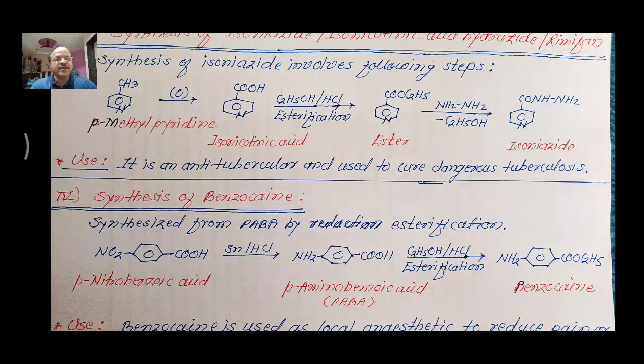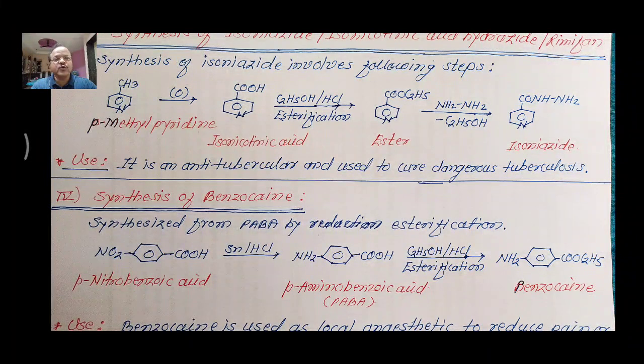But how is that PABA obtained? PABA can be obtained from para-nitrobenzoic acid. So we can go to the starting compound, which is called para-nitrobenzoic acid, NO2C6H4COOH.